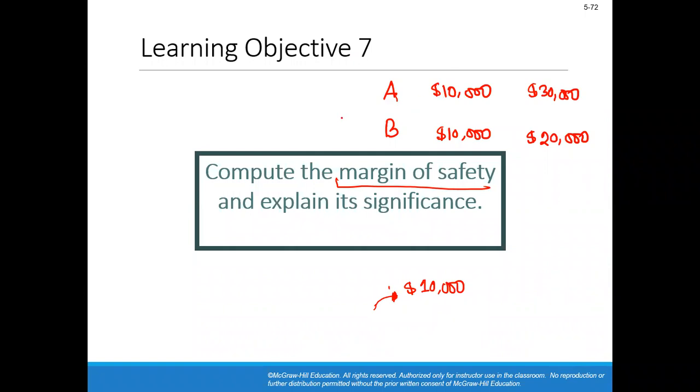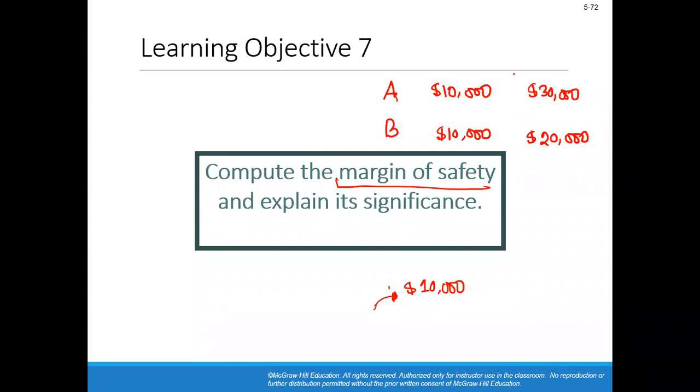If the uncertainty arises in the industry to which A and B belong, A will be in a safer position because he has sales which are at least 2 times the break-even sales, whereas B's sales are only 1 times greater than the break-even sales. So in that sense, A is in a safer position.